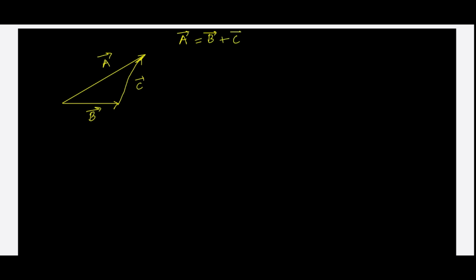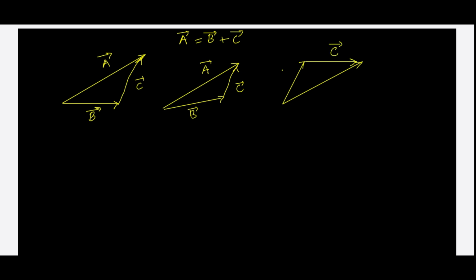Now the same vector A can also be written as vector B plus vector C, right? A, B and C vector. Again, the same vector can be written as vector B plus vector C. So resolution of a force is again opposite to summation.